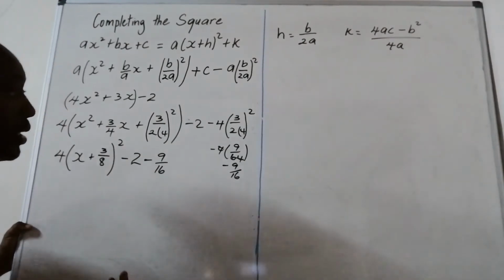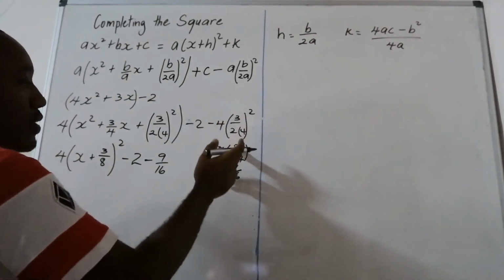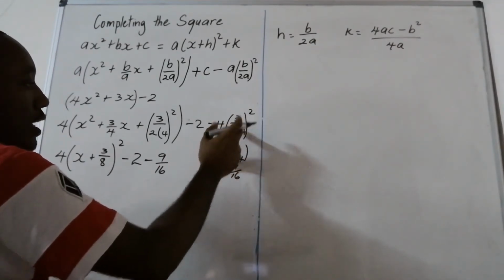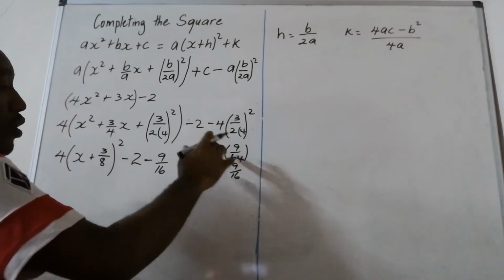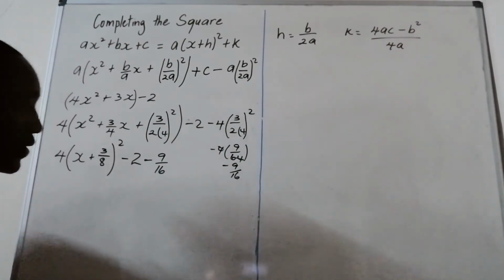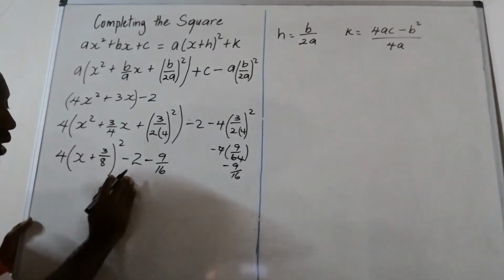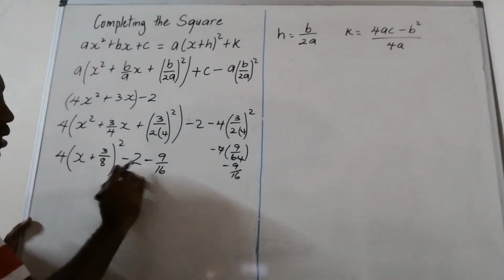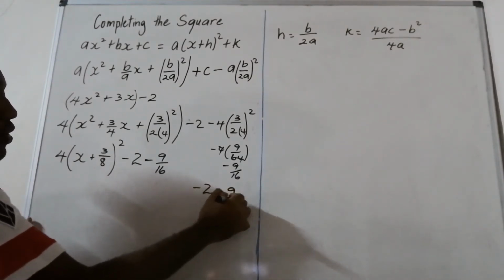So remember how we did this? 3 squared is 9, 2 fours are 8, and 8 squared is 64. When we multiply that by negative 4, we reduce and we get 9 over 16. Now let us work out the answer for our subtraction. So minus 2 minus 9 over 16.